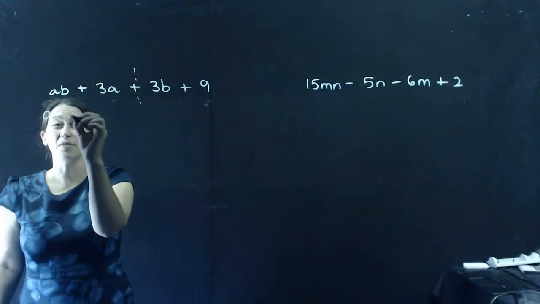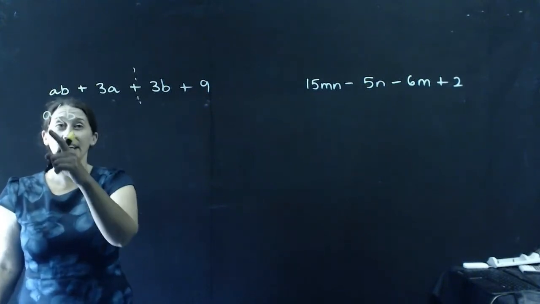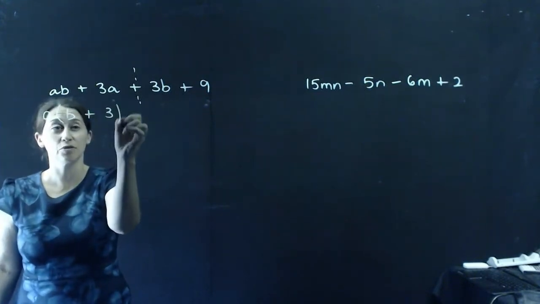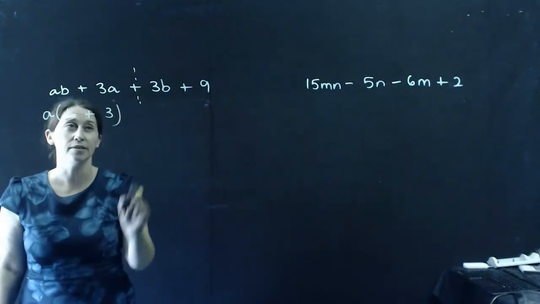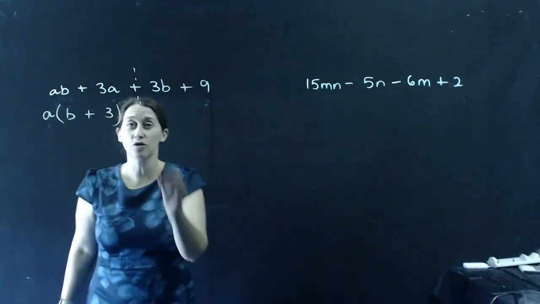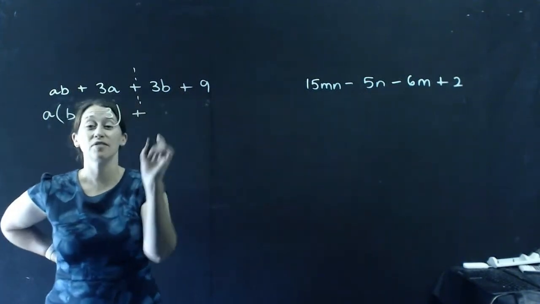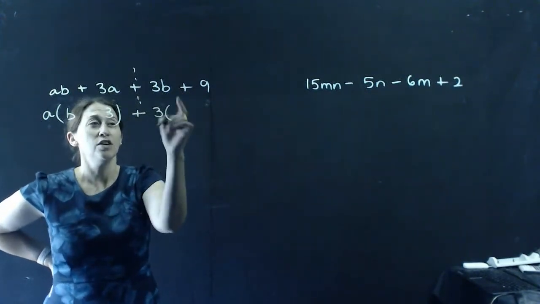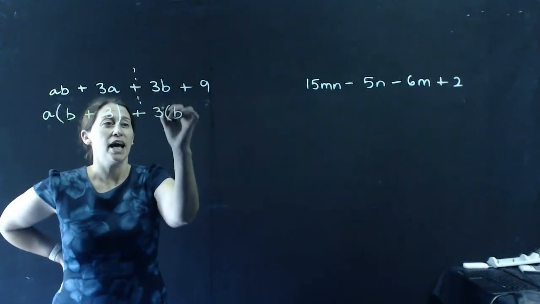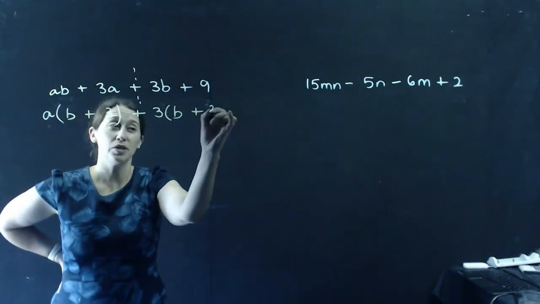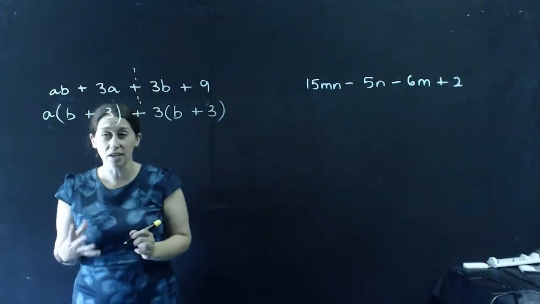So a multiplied by b will give me ab, and a multiplied by positive 3 will give me 3a. Moving on to the second grouping, it's a positive because these are positive terms. If I pull out the common factor, which is 3, 3 is multiplied by b, and 3 is then multiplied by positive 3 to give me the positive 9.